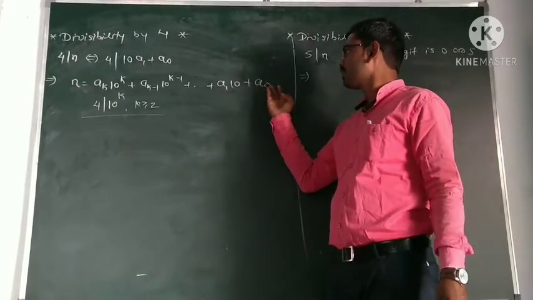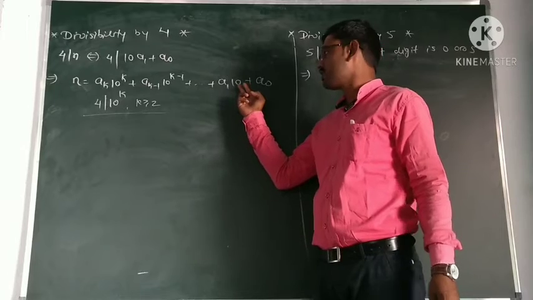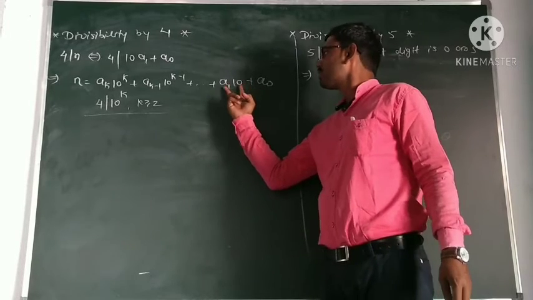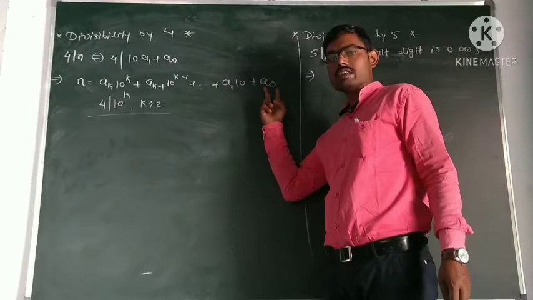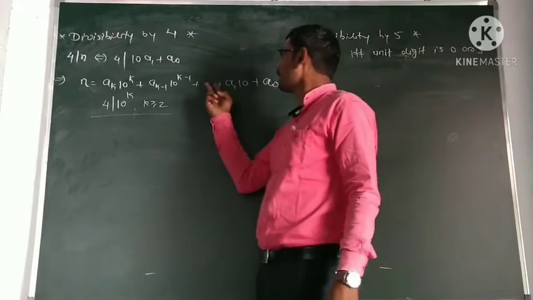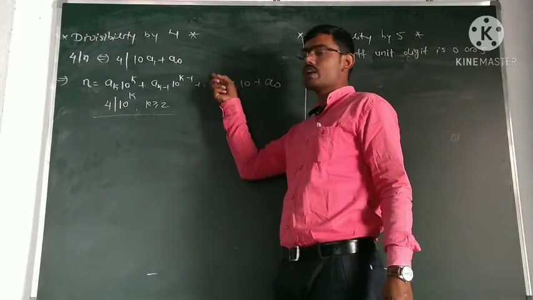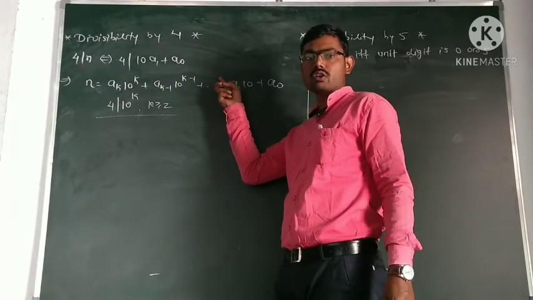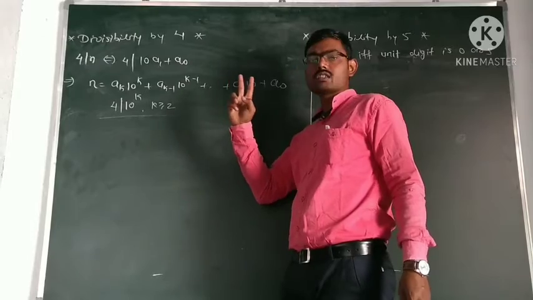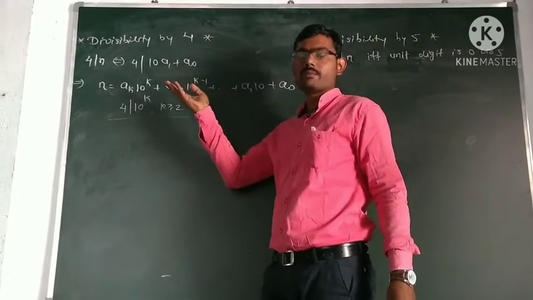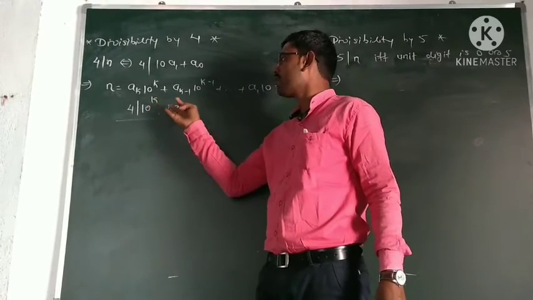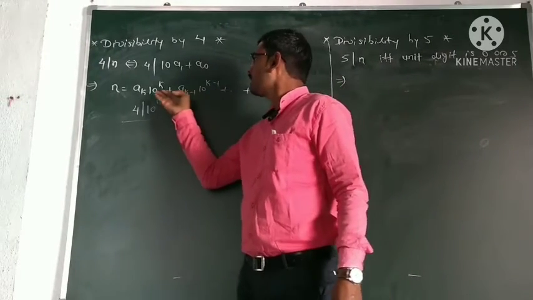So here is a0. Here is 10 raised to power 1, and 4 does not divide 10 raised to power 1. So we don't know whether 4 divides this term or not. But the next term is a2 10 raised to power 2. 4 divides 10 raised to power 2, so 4 divides 10 raised to power 2 into a2. The next term is a3 10 raised to power 3. Again 4 divides 10 raised to power k for k greater than or equal to 2, and so on.